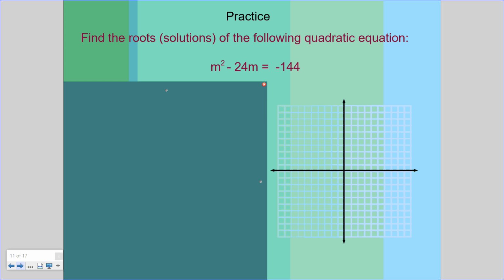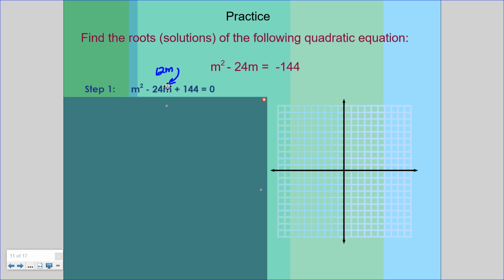Let's go ahead and go through this one together because this one has a special scenario that occurs. So here, step 1, set equal to 0, meaning we need to add 144 to both sides. Next, we're going to factor, and if you're really comfortable with your trinomial methods, hopefully you're noticing this is a perfect square trinomial, meaning the square root of 144 is 12, the square root of m squared is m, so 12 times m is 12m, and if you double that, you get the middle term.